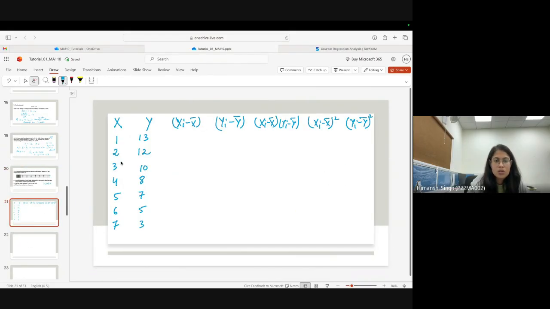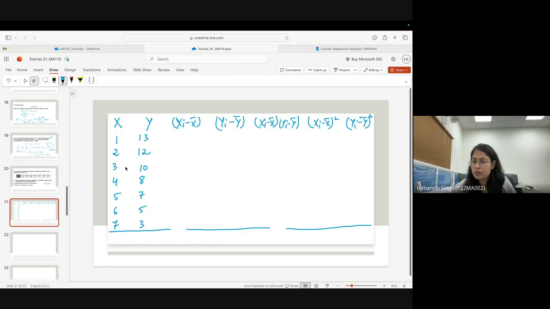First of all, let's find the sum of these quantities. What will be the summation of xi's? Twenty-eight.